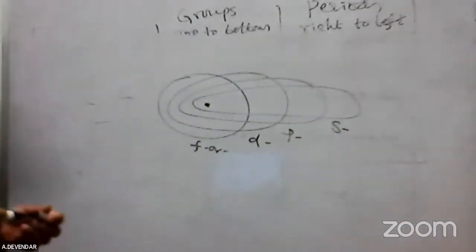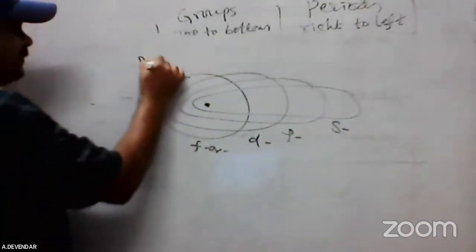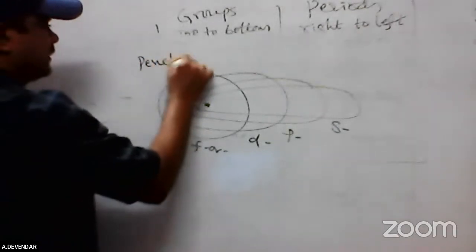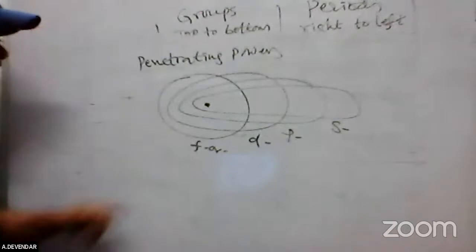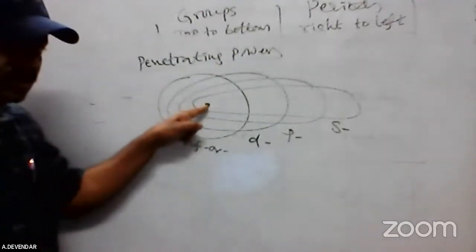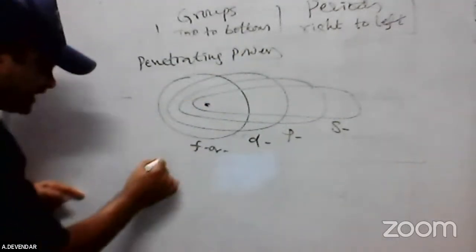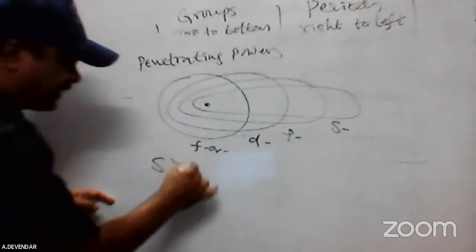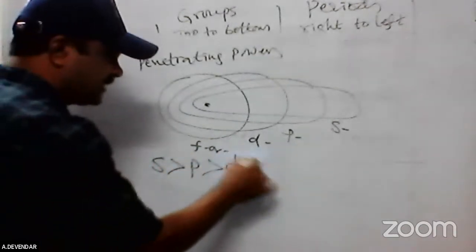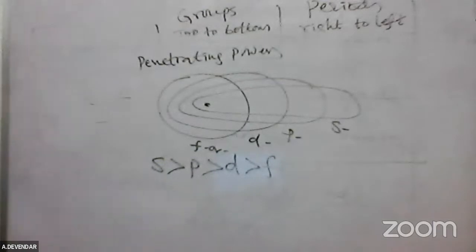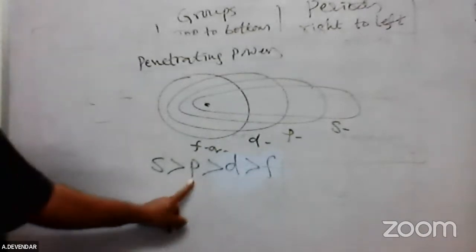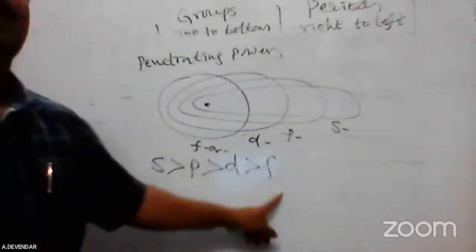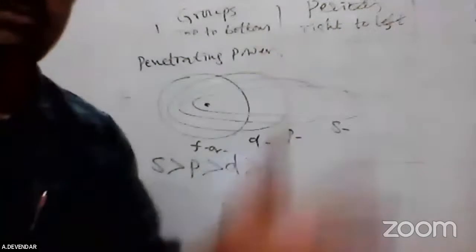See, friends, the S orbital is very close to the nucleus. So the S orbital has more penetrating power than the P orbital, than the D orbital, than the F orbital. That means removing the electron from the S orbital is not as easy as from the P, D or F orbital. From the F orbital, you can easily remove it.